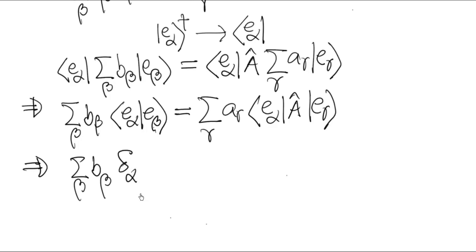And this inner product of two basis vectors is delta alpha beta, the Kronecker delta, and its value is 1 when alpha equals beta, and 0 when alpha is not equal to beta.